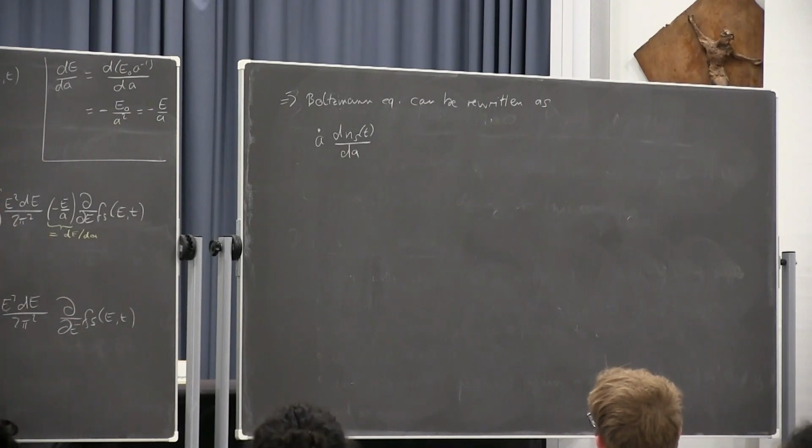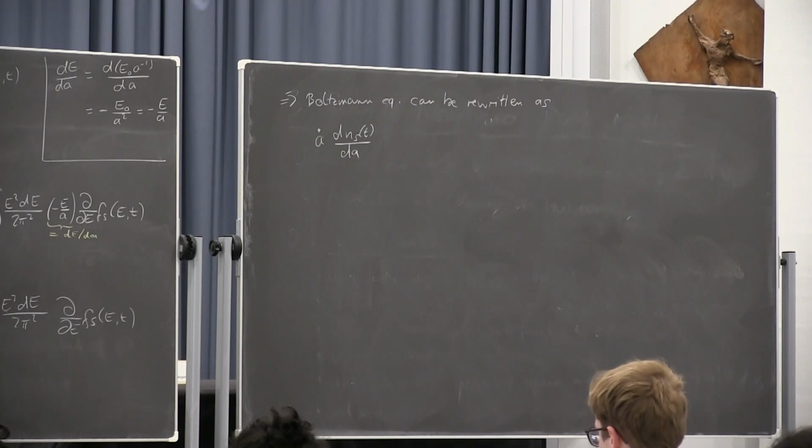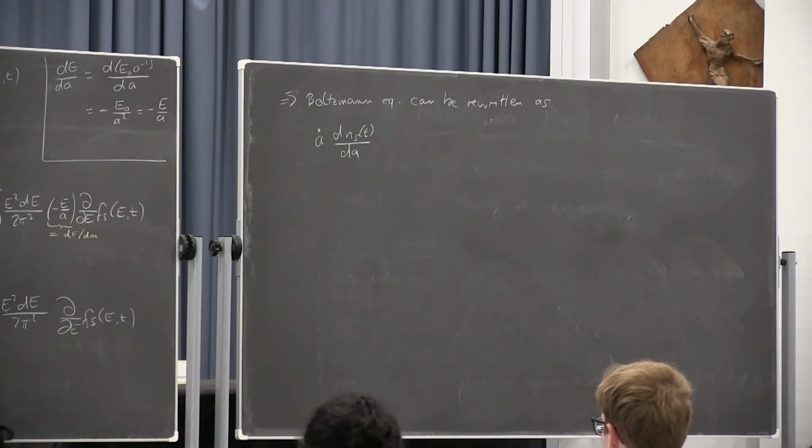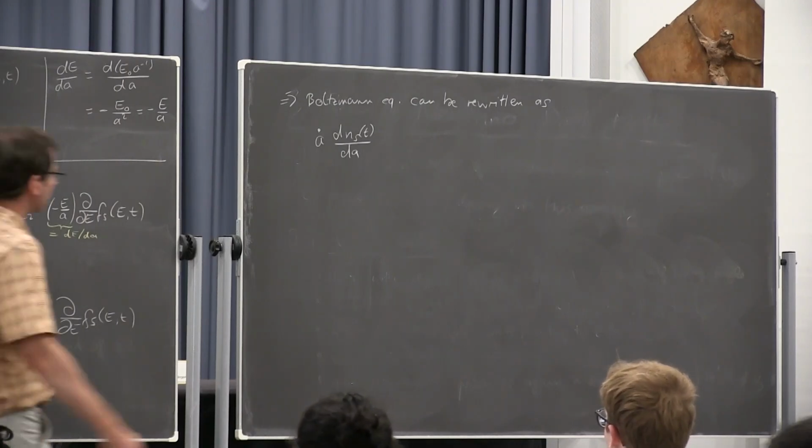And now when I look at this, let's see, all of this collapses into a plus 3h ns.